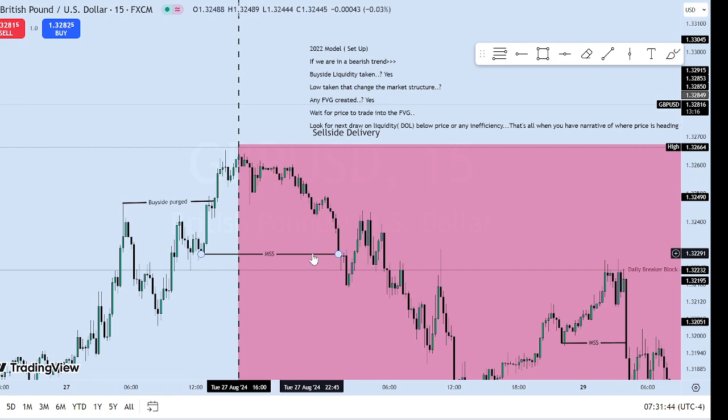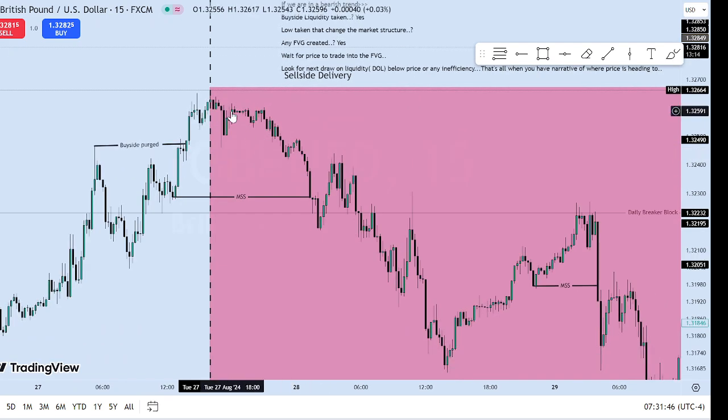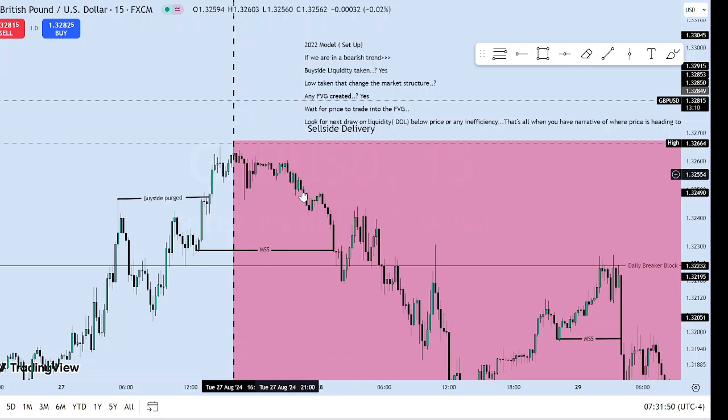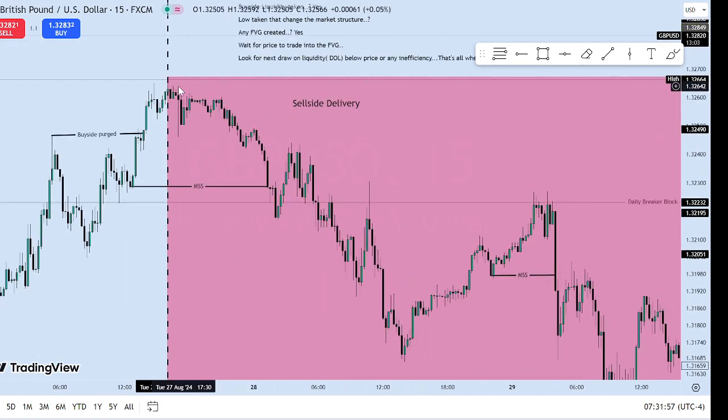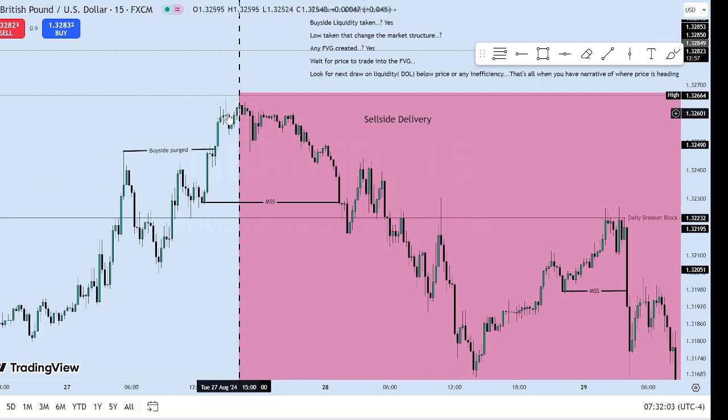If we are bearish, this is a bearish trend. We are selling. That's sell side delivery. You can see it here. This movement from here down here is a sell side delivery, while here is a buy side delivery where we took out this buy side.